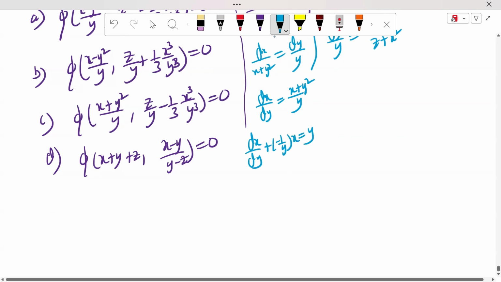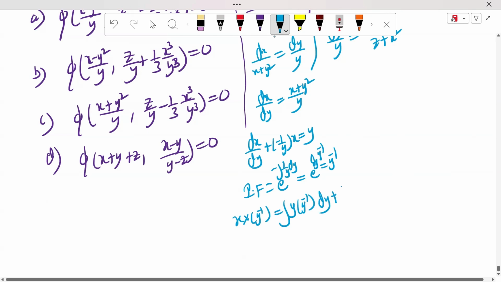It is the linear form. What is the integrating factor? The integrating factor is e to the power of the integration of minus 1 by y dy, which is e to the power of log y inverse, so y inverse is the integrating factor. The general solution is x into the integrating factor is equal to the integration of Q into the integrating factor y inverse with respect to the independent variable dy plus c.